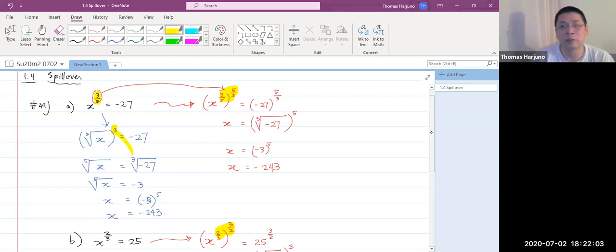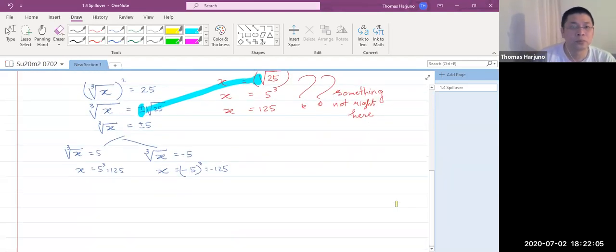Now let's see more. Part C, how about x to the power of 4/3 equals -49? One of them is even, right? In this case, the numerator of that exponent is even. So doing it using the red method may not be a good way.